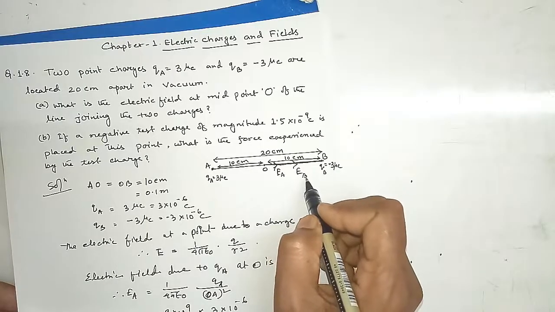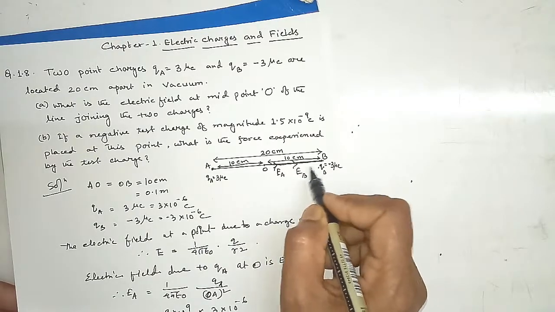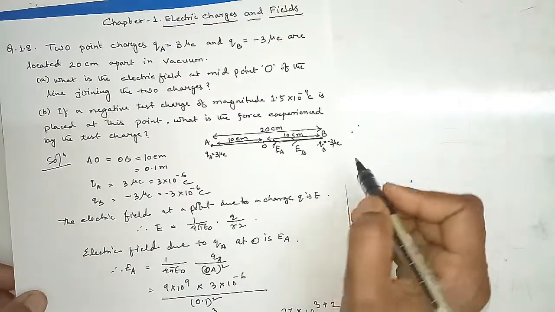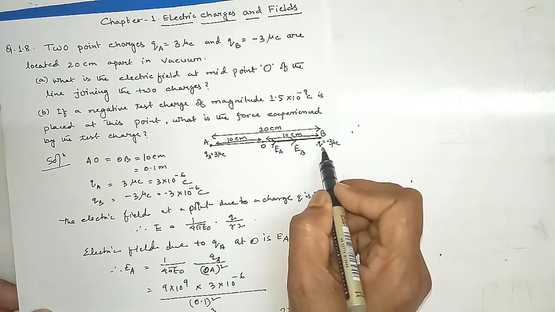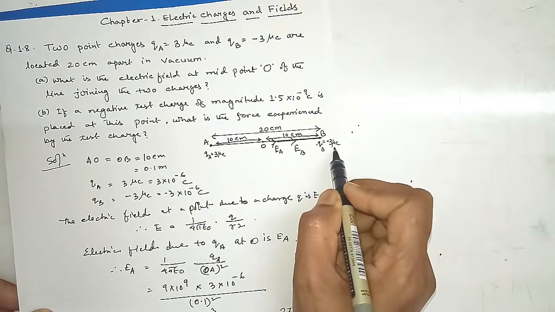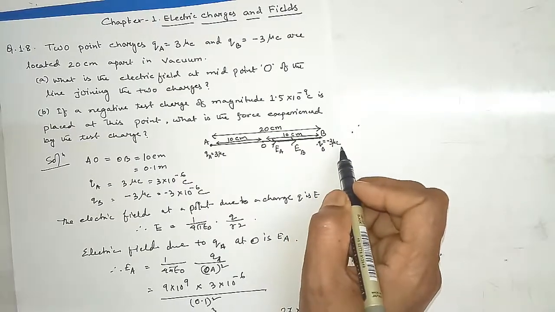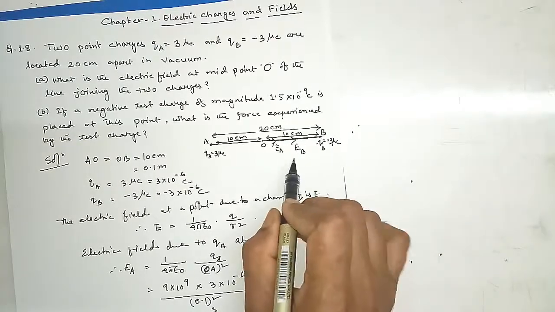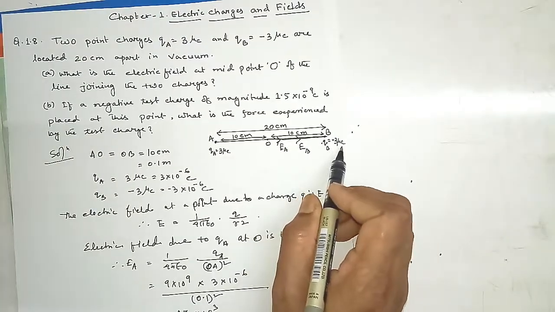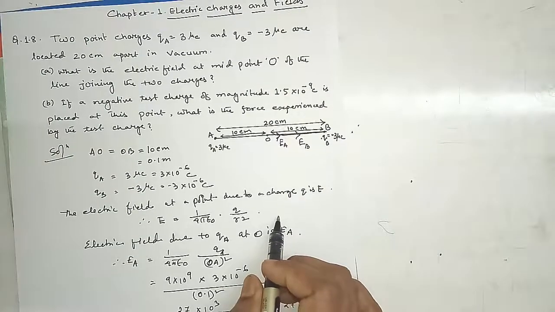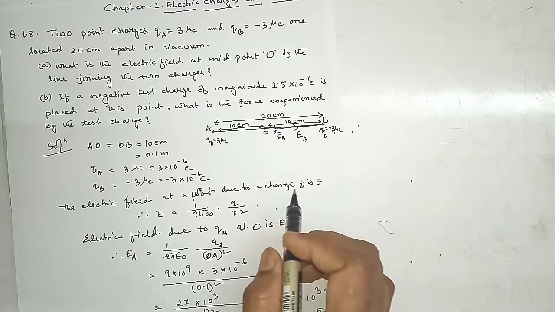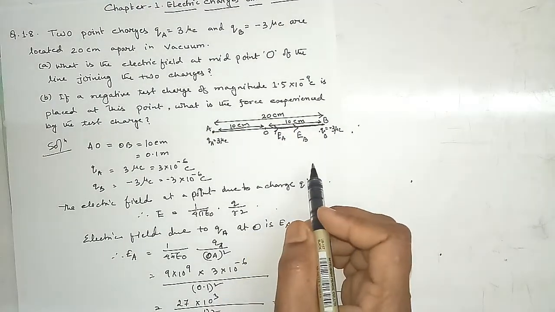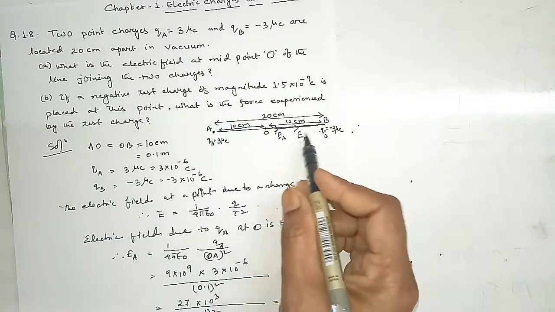The direction of EB is towards OB because here the value of the QB is minus 3 microcoulomb. The electric field is always directed towards the negative charge. So here, the direction of the EB is also towards the OB.